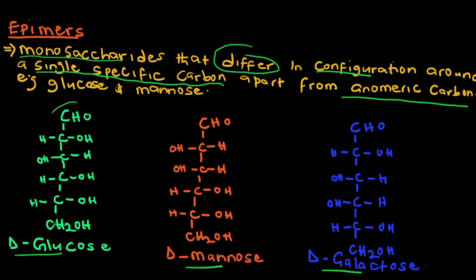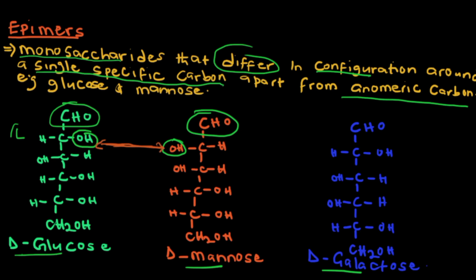The first carbon of glucose is this, similar to mannose. Okay, the second carbon, sorry, OH is to the right in glucose, but in mannose OH is to the left. So we have the first difference in this carbon.